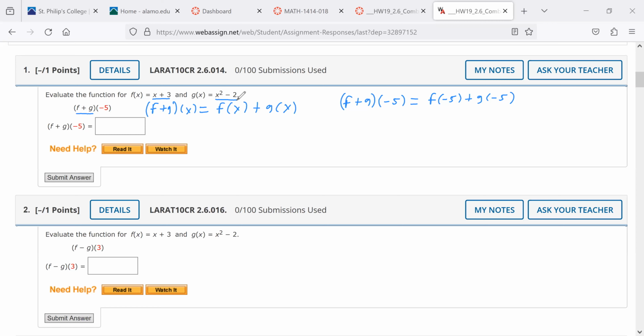So plug in -5, so that will be, put parentheses for emphasis, (-5 plus 3) plus (-5 squared minus 2). So this is my g right there and my f. So this is just -5 plus 3, so that's a -2. -5 squared is 25 minus 2. You guys agree that we get 23 here.